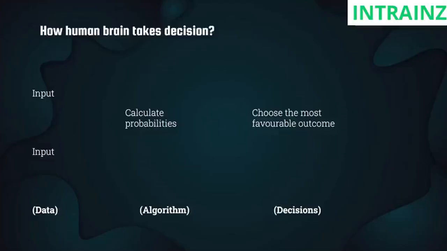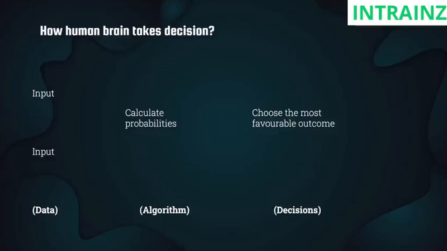And after thinking about that, maybe I'll have like 2 or 3 places to go. Then I'll probably think about what commuting option I have, and which of these places I can commute to easily without spending much money, maybe. And like that, I'll come to the most favorable outcome or the most favorable decision.